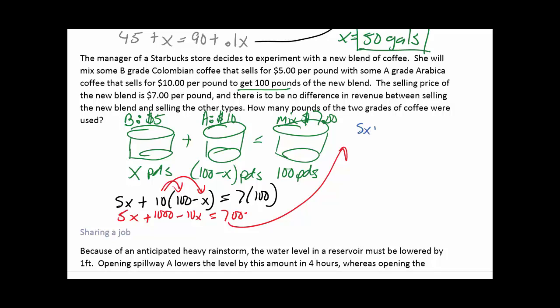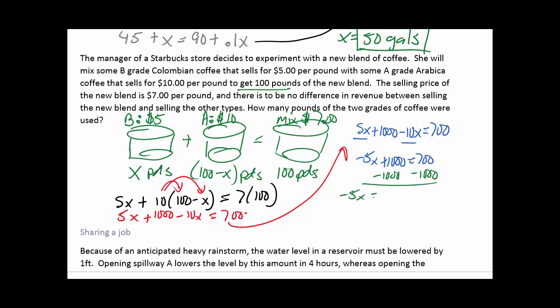All right, so 5x plus 1,000 minus 10x equals 700. Okay. Well, already I can see there's like terms there. So negative 5x plus 1,000, and then I'm going to subtract off 1,000.